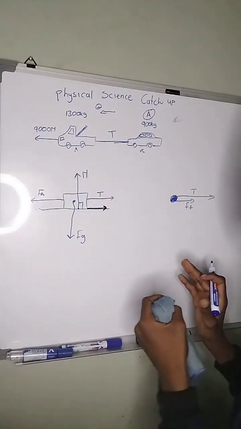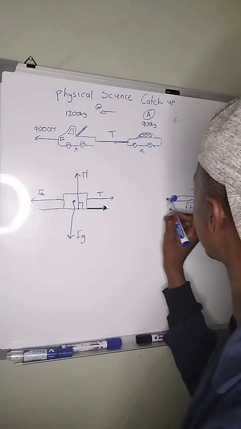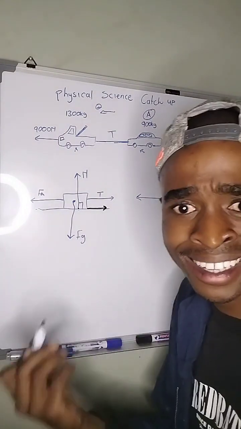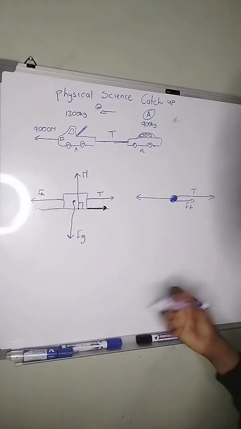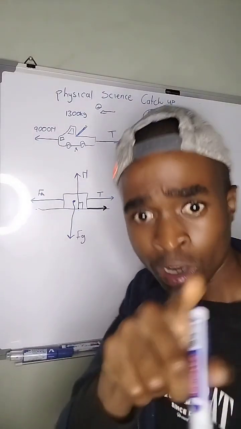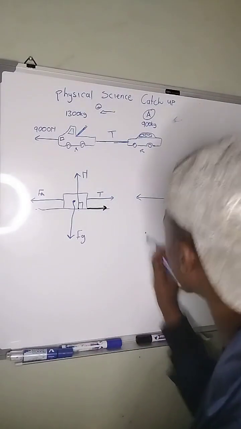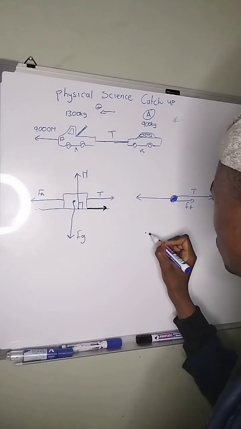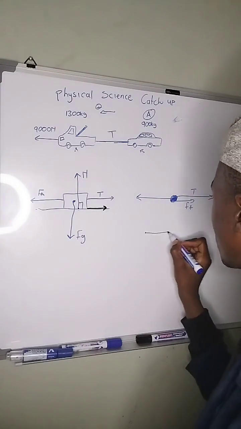You'll have your F applied freely like that. And imagine, coming back to that small dot of yours, you will just do this, and you do something like this.